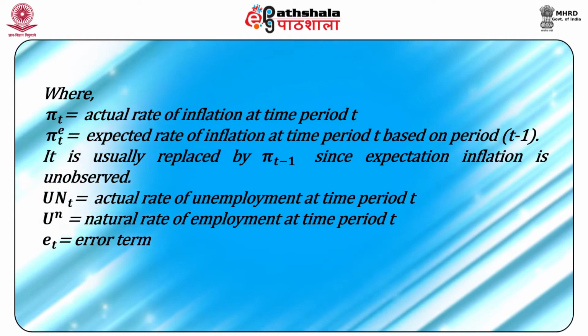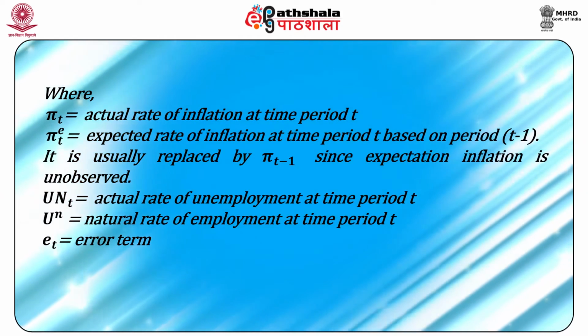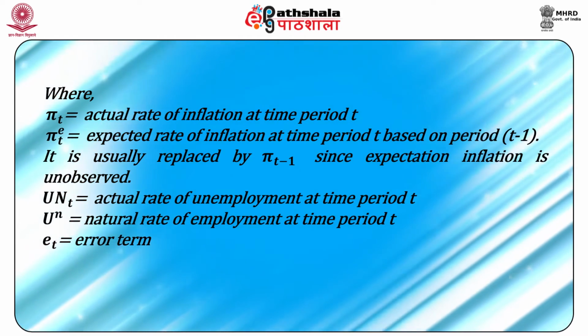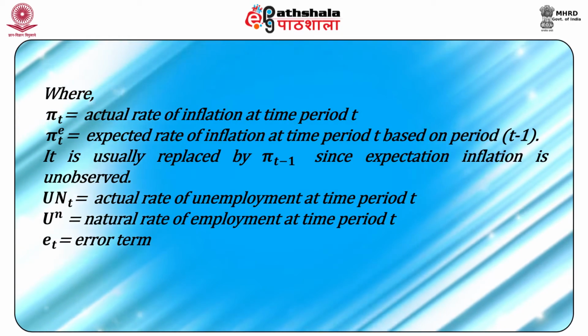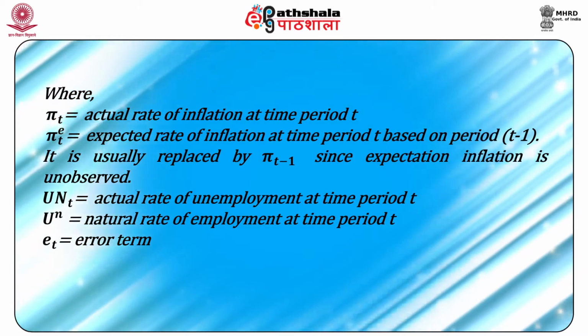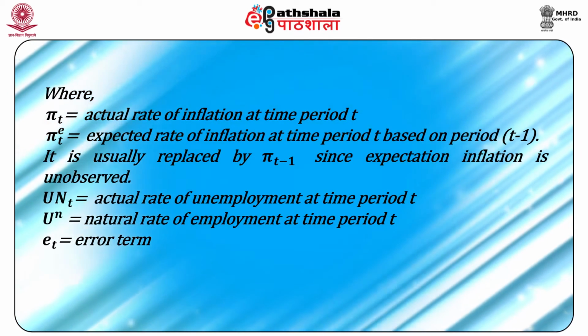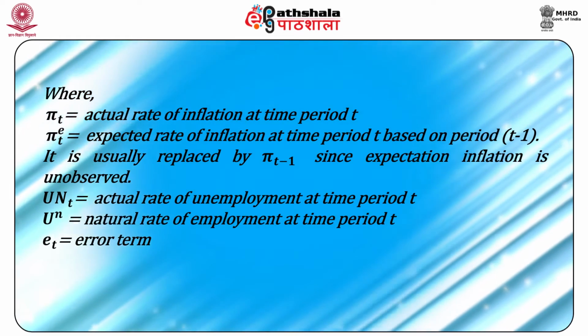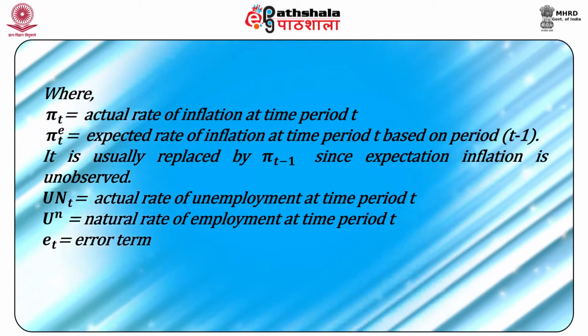Now, it is usually replaced by pi t minus 1 since expected inflation is unobserved. Now, unt is defined as the actual rate of unemployment at time period t and u raised to power n is defined as the natural rate of unemployment. Et, as usual, is our error term.